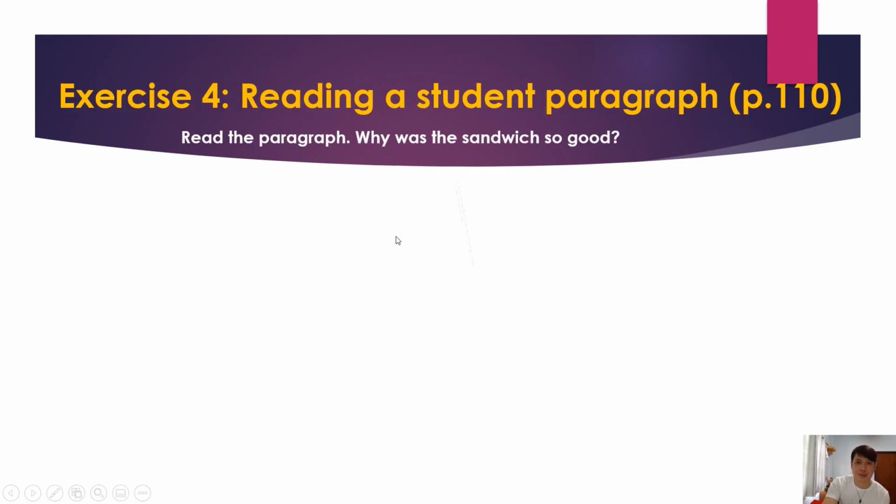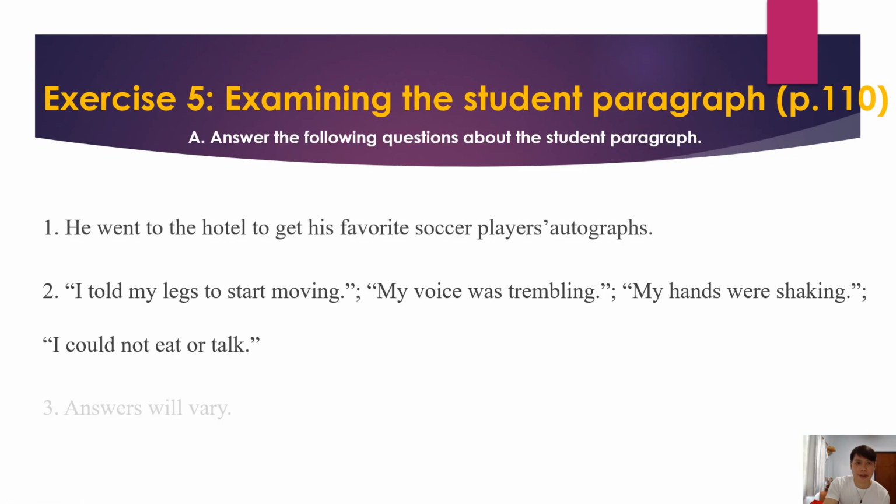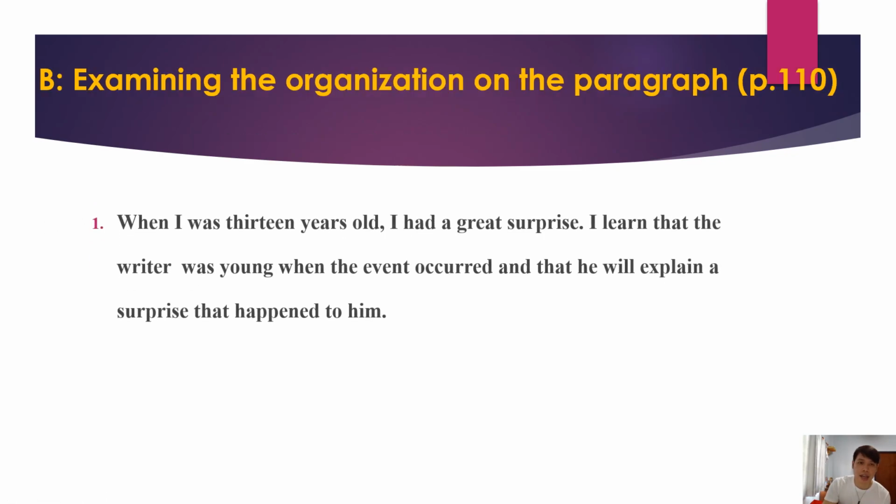"When I was 13 years old, I had a great surprise." The keyword is great surprise. I learned that the writer was young at that time, when the event occurred. He will explain a surprise that happened to him.